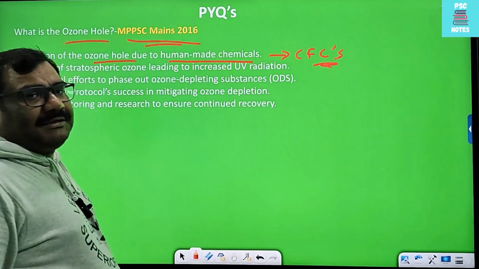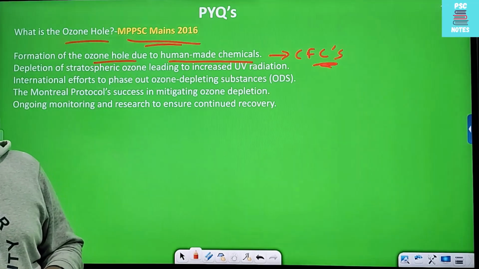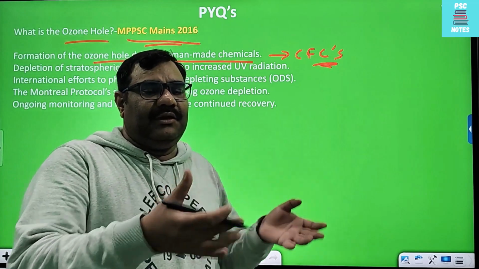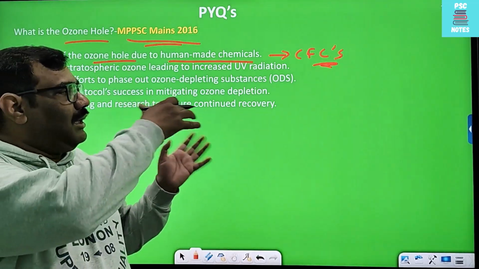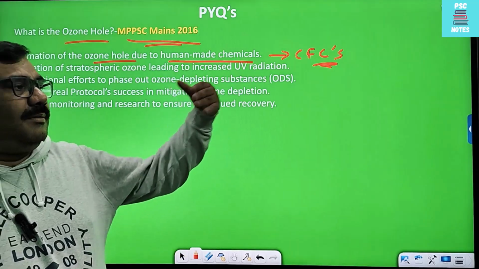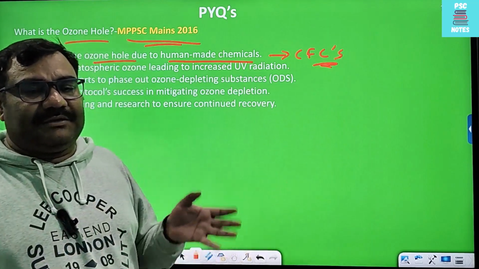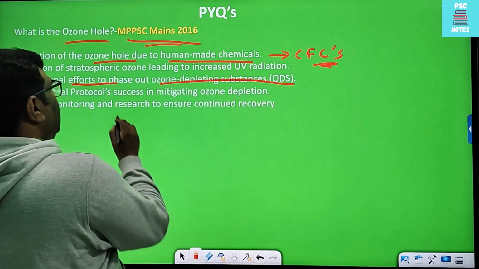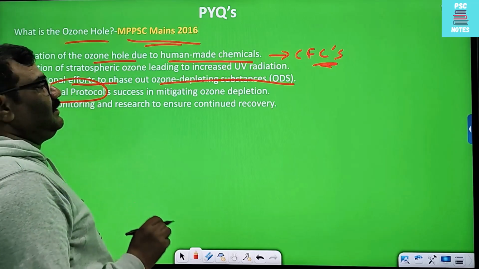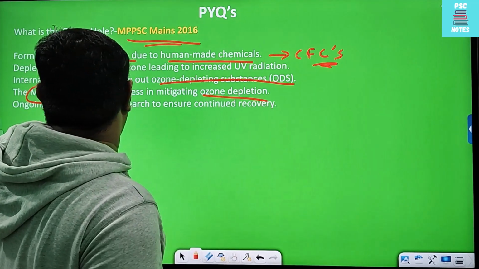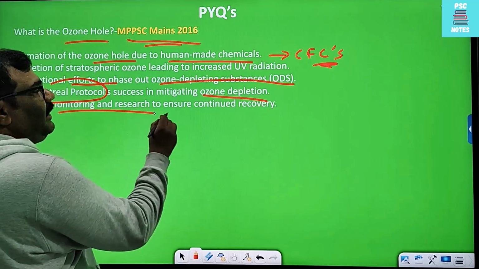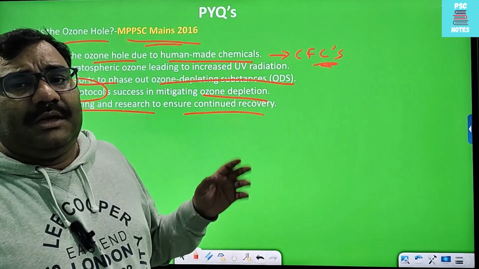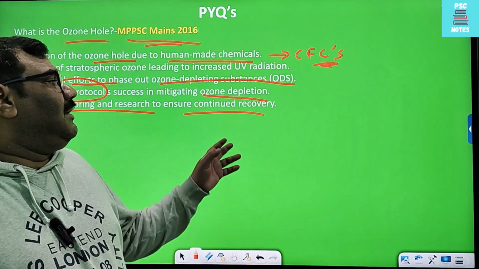Depletion of the stratospheric ozone leads to higher ultraviolet radiation causing skin cancer, cataracts in humans, and immunosuppression, and further it affects agricultural production. International efforts like the Montreal Protocol, which is a binding protocol. Then ongoing monitoring, research, and further the development of chemicals which do not affect the ozone hole at all.